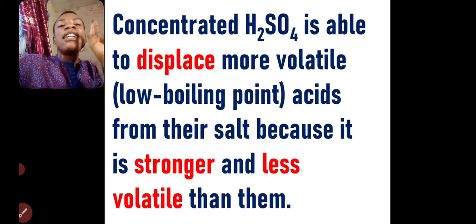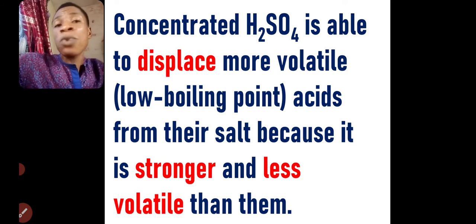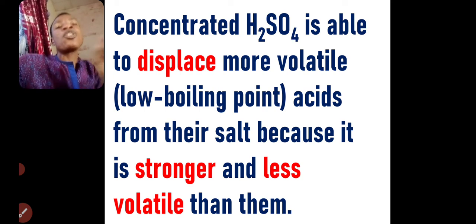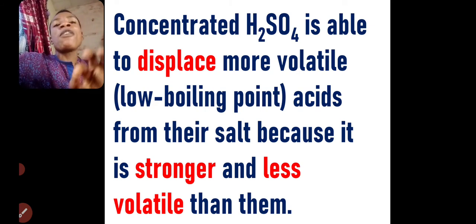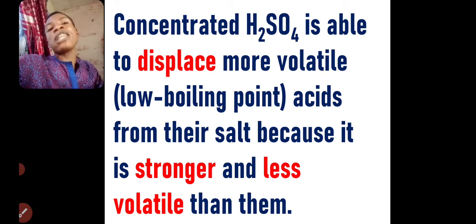That's the last method of preparing acid, and in this case we'll be particular about concentrated H2SO4, that is conc H2SO4 acid. It is the strongest of all the acids and has a very high boiling point. So because of that, we can use H2SO4 to produce other acids from their salt.